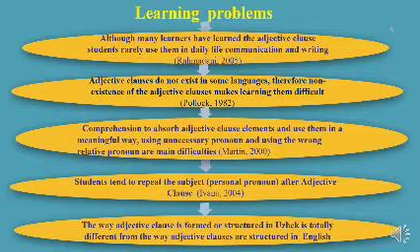From my experience, I can say that one of the reasons why Uzbek students fail in the use of adjective clauses is that the way adjective clauses are formed in Uzbek is totally different from the way they are formed in English. Adjective clauses are formed by adding the suffix "sa" to main verbs in the Uzbek language.